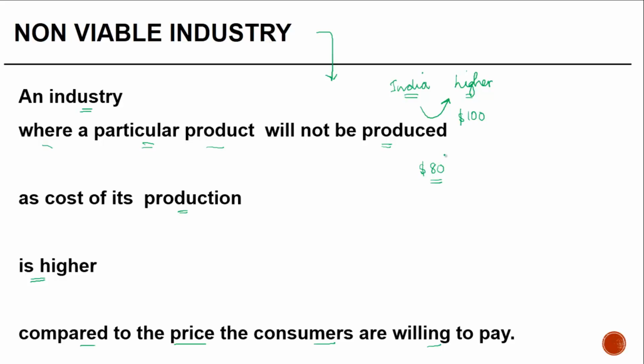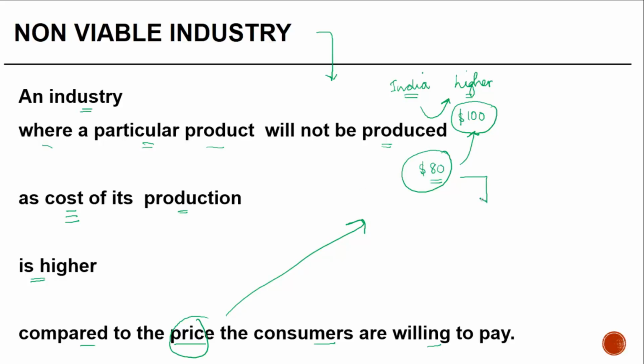But if the consumer wants to pay only $80, then this is a non-viable industry insofar as a person who's looking at manufacturing in India is concerned. So the industry is non-viable. Why? Because its cost of production, which is $100 in this case, is higher compared to the price the consumers are willing to pay for it.